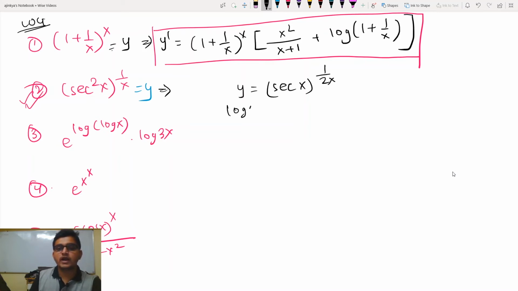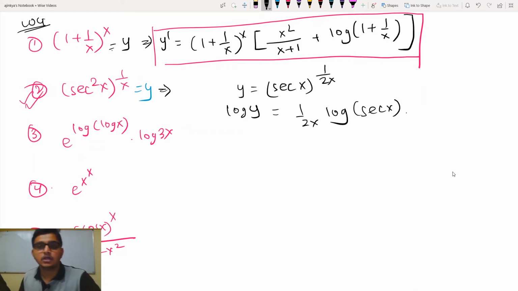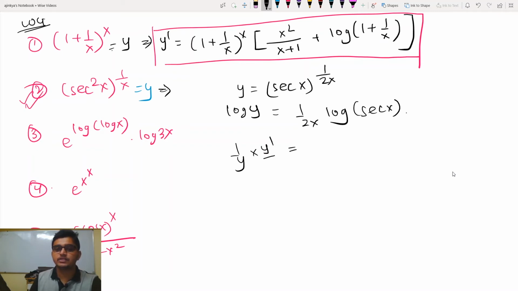So log of y, the left side is going to stay as it is. So 1 upon 2x log of, since we have taken log, it is log of sec x. Nice. On the left hand side it is going to be 1 upon y times y dash, which is the required function. So this is what we actually require.